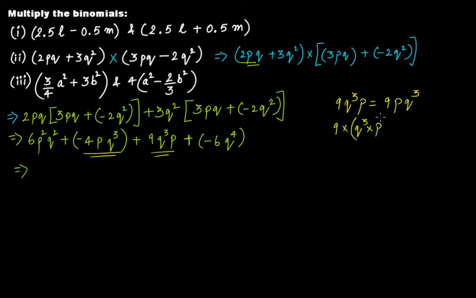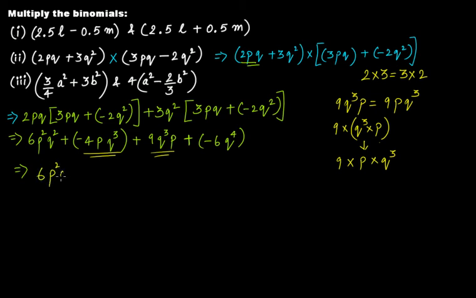If you pay attention to this, this can be written as p multiplied by q cubed, right? How? Commutative property of multiplication, that is 2 multiplied by 3 is equal to 3 multiplied by 2.